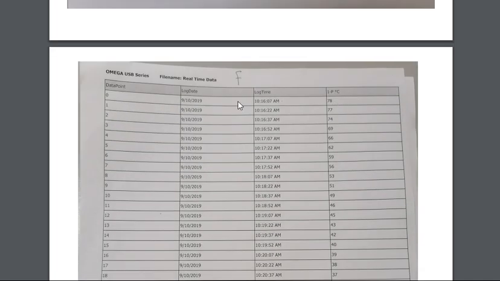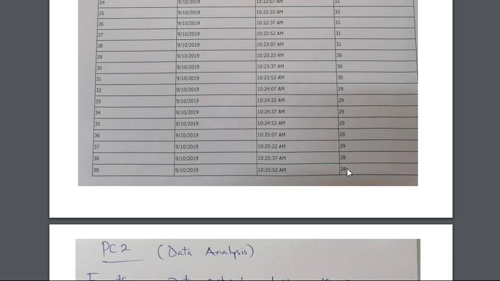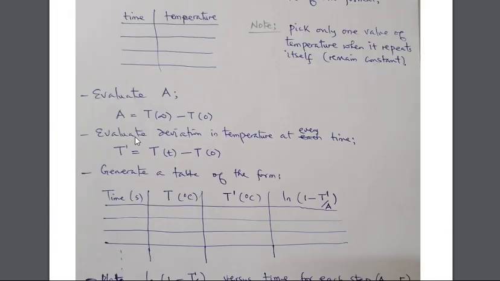So the temperature at 0 time for this will be 78, and then the temperature at infinite time for this case is going to be 28. So the difference between these two values is going to give you A. So you try to evaluate A for all the changes, for A, B, C, D up to F.